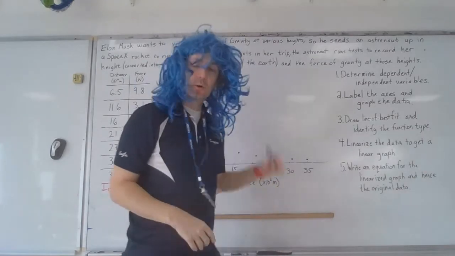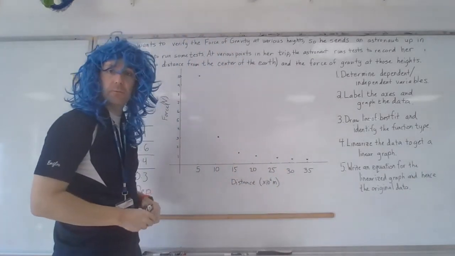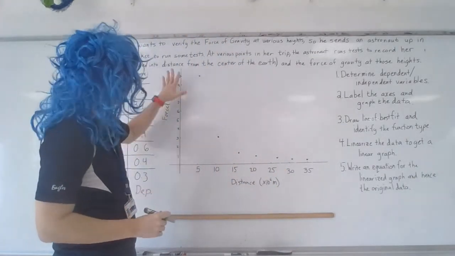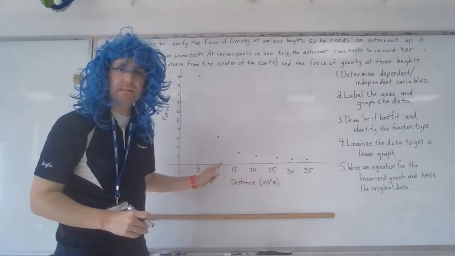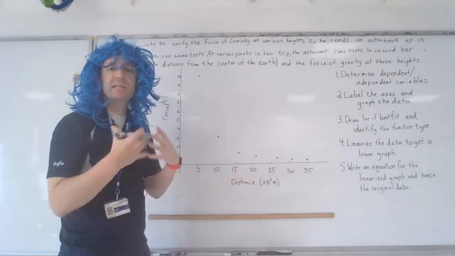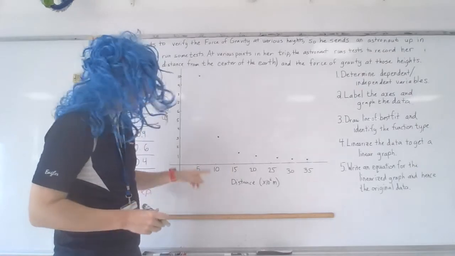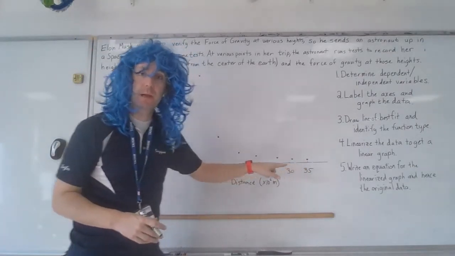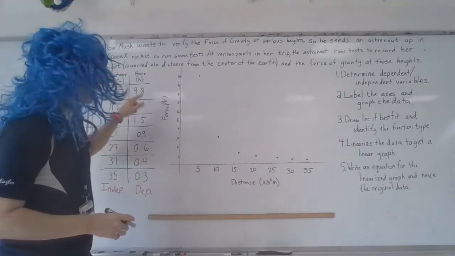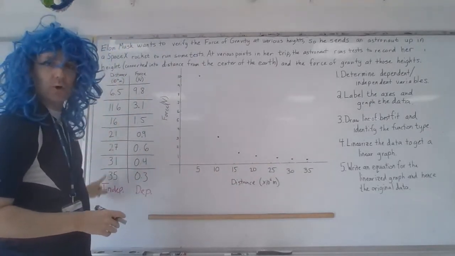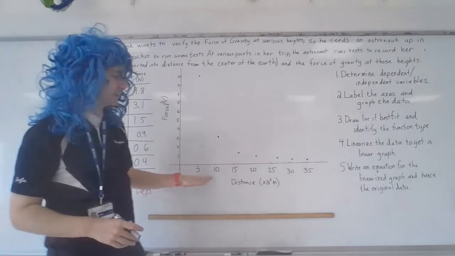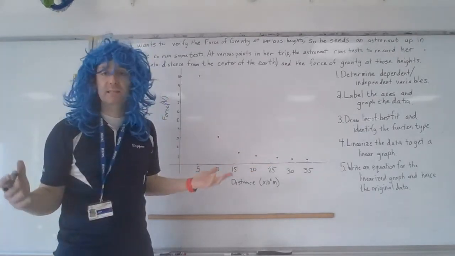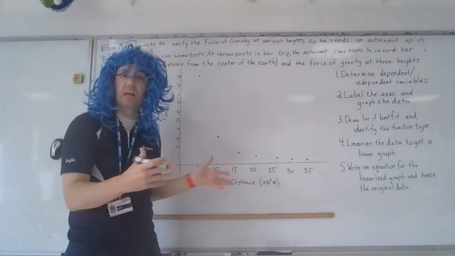All right, so you can see the graph that we got here. I decided on my axes, the distances, the numbers here, based off of what I needed. I saw that I had about 7 or 8 marks down here on the bottom, and I knew that the distance needed to go all the way up to 35, and so I decided to go by 5s. You could go by something else if you have more or less space there.